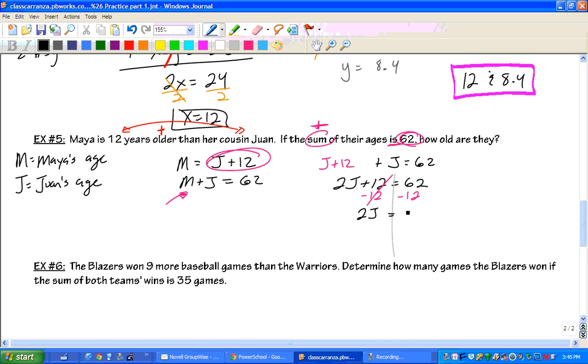Okay, 2j equals 50, and divide both by 2. j equals 25. Okay, so now plug back in. m equals the 25 plus 12, so Maya is 37.